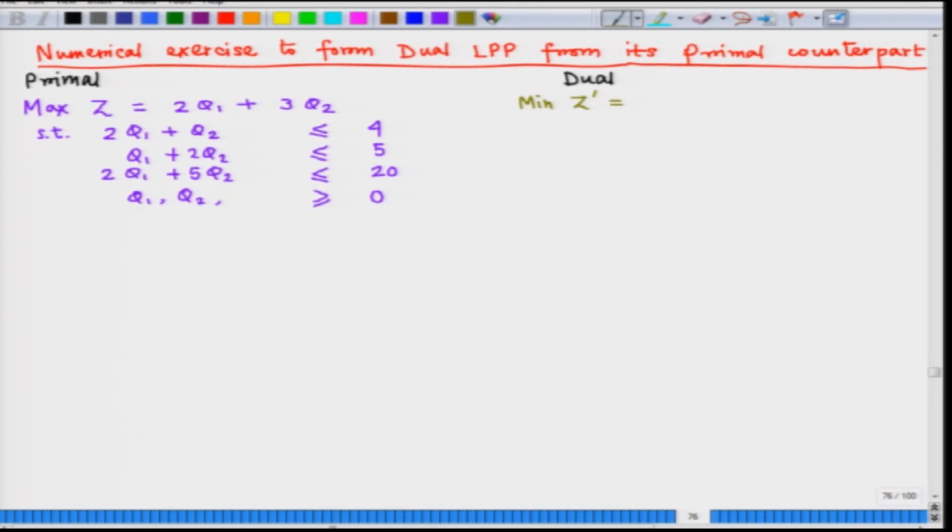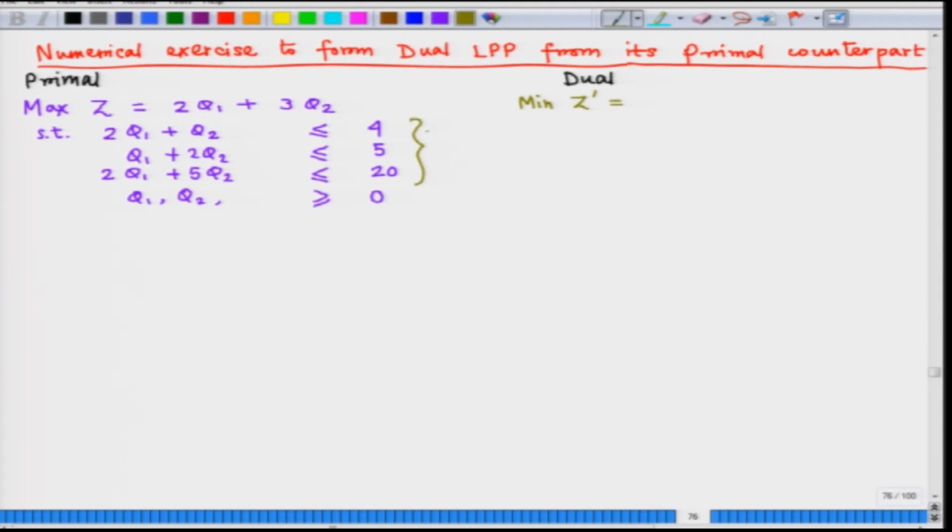So, remember that the number of constraints in the primal problem will be exactly equal to the number of objective coefficients and variables in the dual problem. So, here we have 3 constraints. So, there in the dual problem we expect 3 decision variables and 3 objective function coefficients, right.